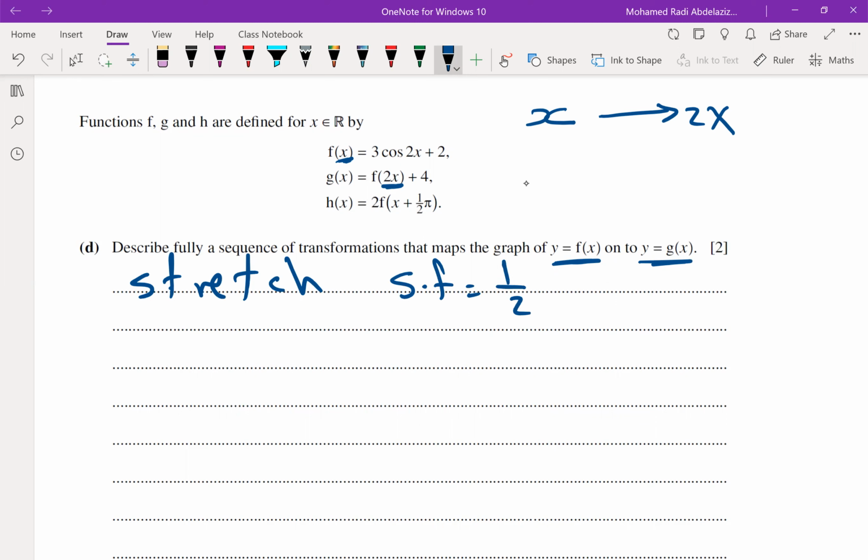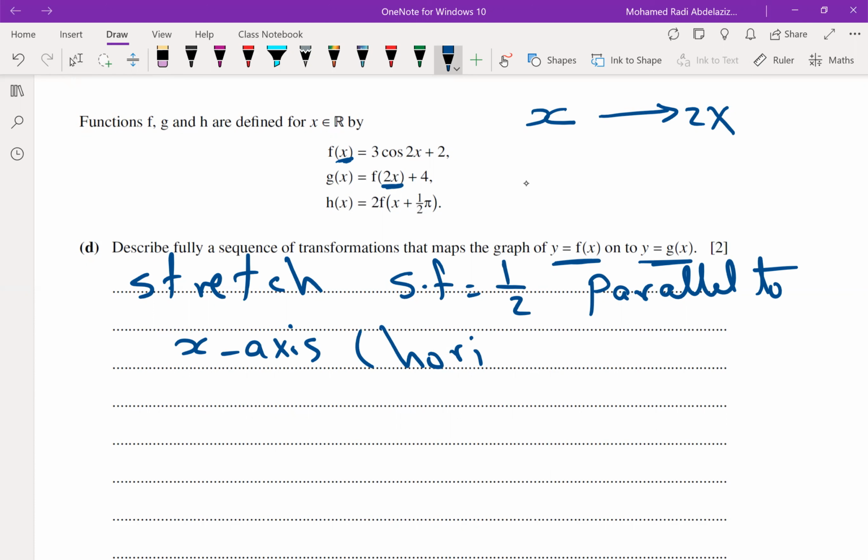So the scale factor is half. Is this stretch parallel to x or parallel to y? It's parallel to the x-axis. We can write in the direction of the x-axis, and we can write horizontally.